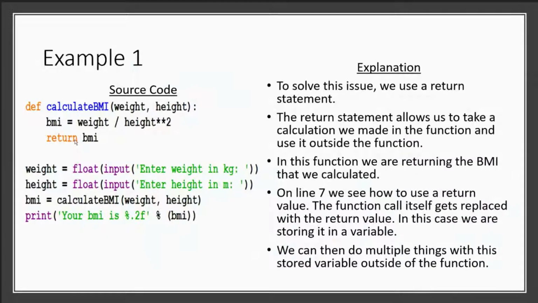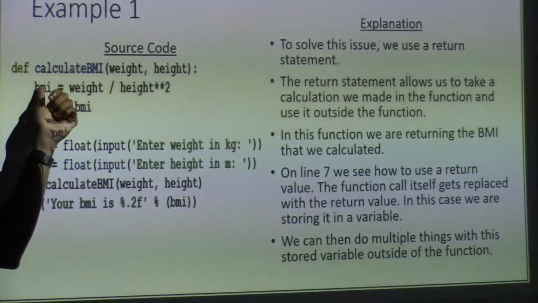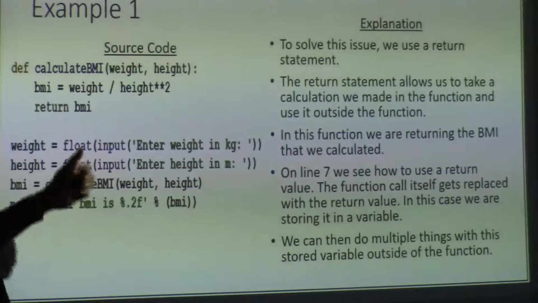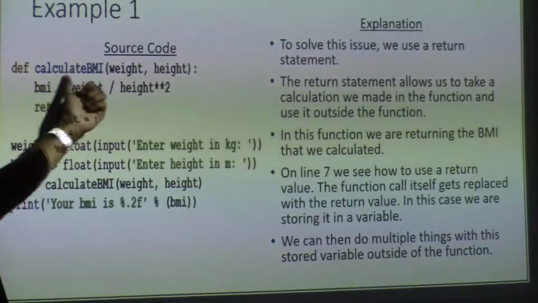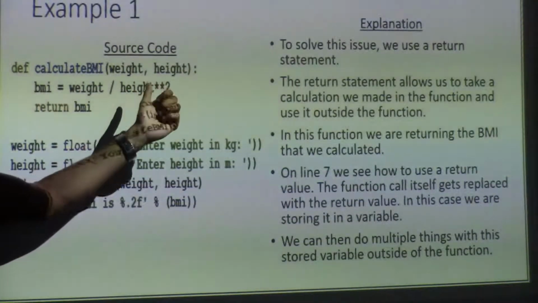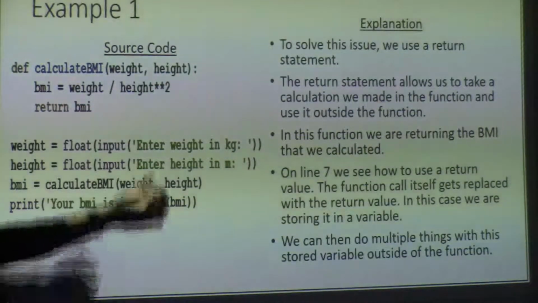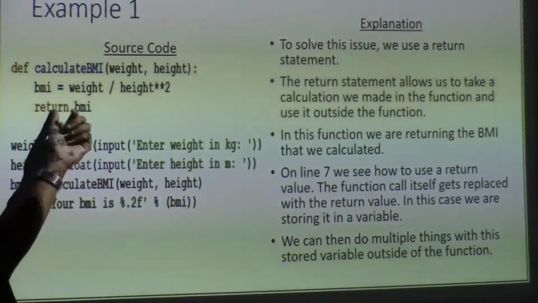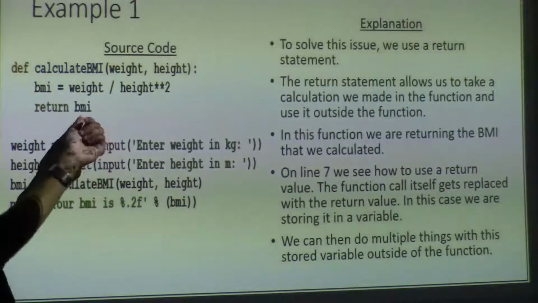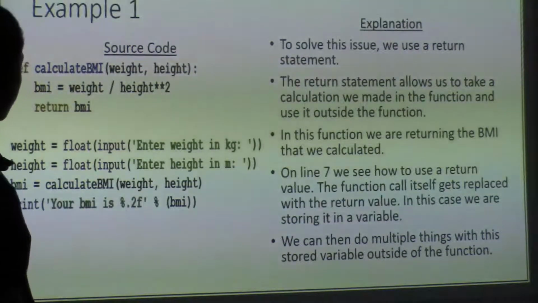Okay, so using our return value allows us to save this BMI variable as a global variable, and we could use it anywhere in our program. We're going to define our function, calculate BMI, pass 2 parameters as we did, weight and height. Say BMI equals weight divided by height squared. And then instead of printing out this BMI, we're going to return this value. This return BMI value will allow us to save it as a global variable.